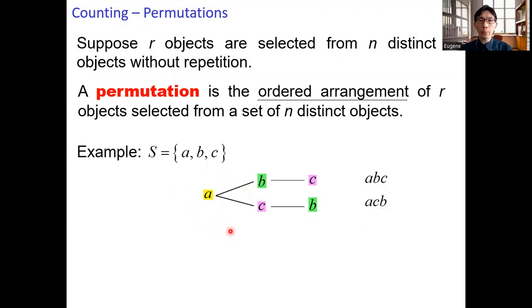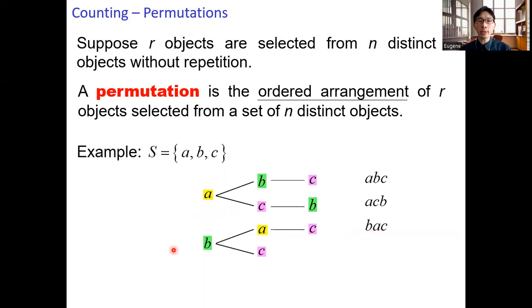Proceeding with the example. If the first letter we choose is B, then the second letter can only be A or C. If we choose the path B and then A, then the remaining letter will be C, and we have the sequence BAC.